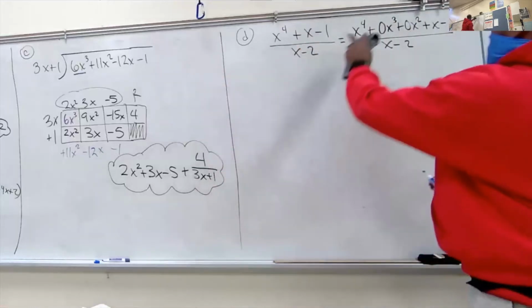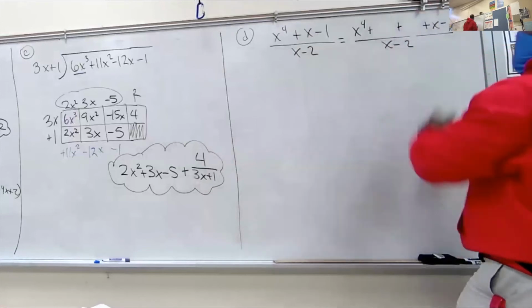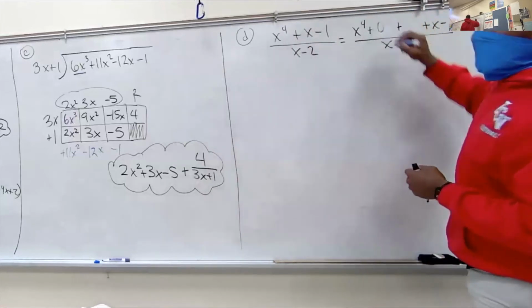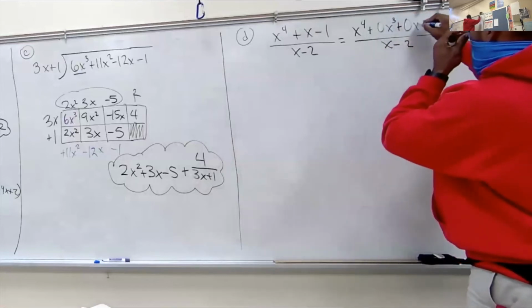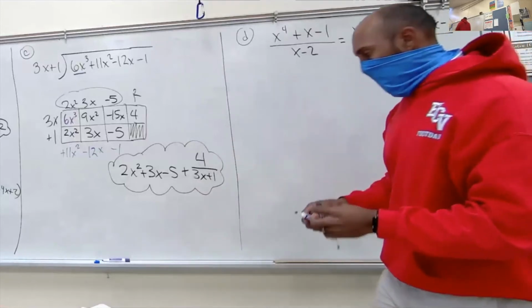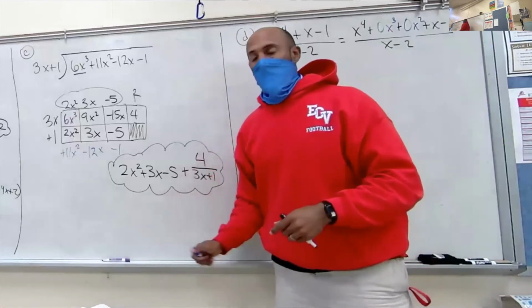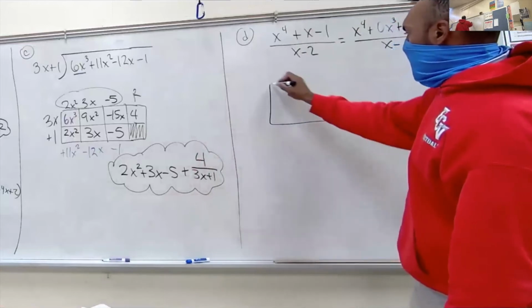Okay, and what I'll do is I'm going to change this color just to kind of emphasize it. Not changing anything, just using color, okay? Just to emphasize those missing terms, I got to write those in, okay? Now, once I have those, now I can set up the box.